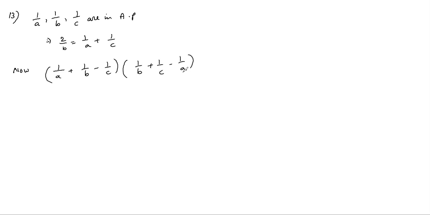Since 1 by a, 1 by b, 1 by c are in arithmetic progression, 2 by b equals 1 by a plus 1 by c. Now we have to find this product; we can convert it into an expression in terms of ac and b squared over a c squared. Both we have to write in terms of... okay, we will see. 1 by a plus 1 by c.